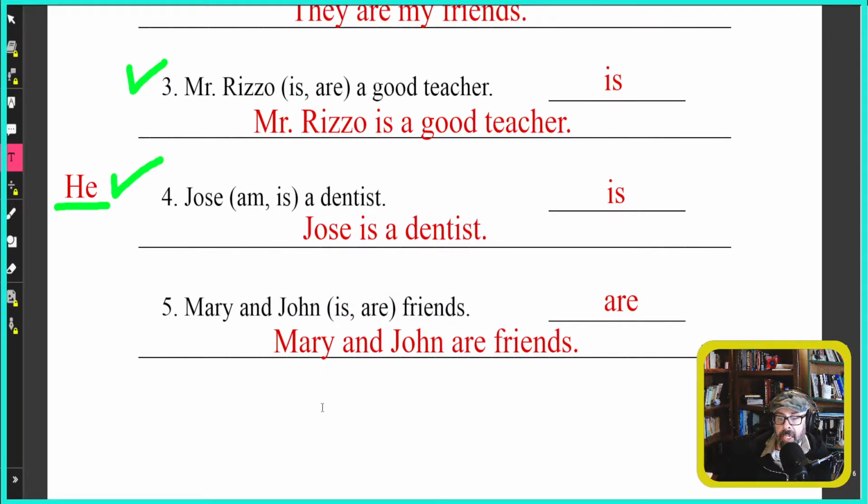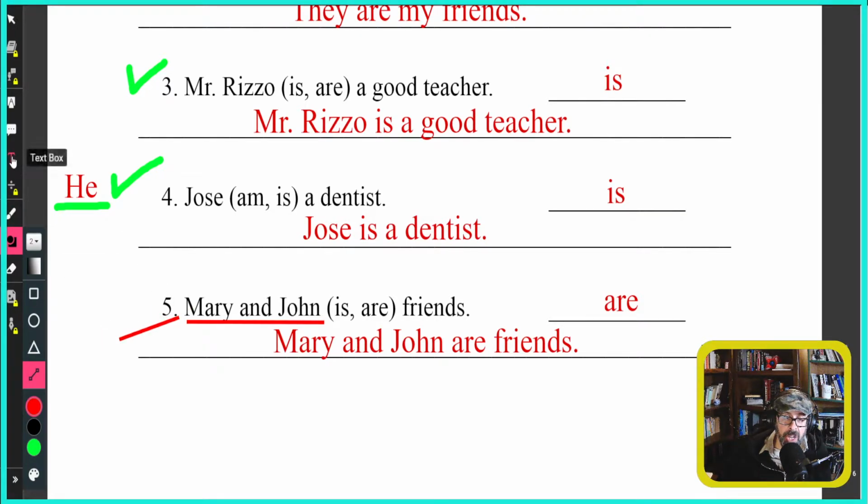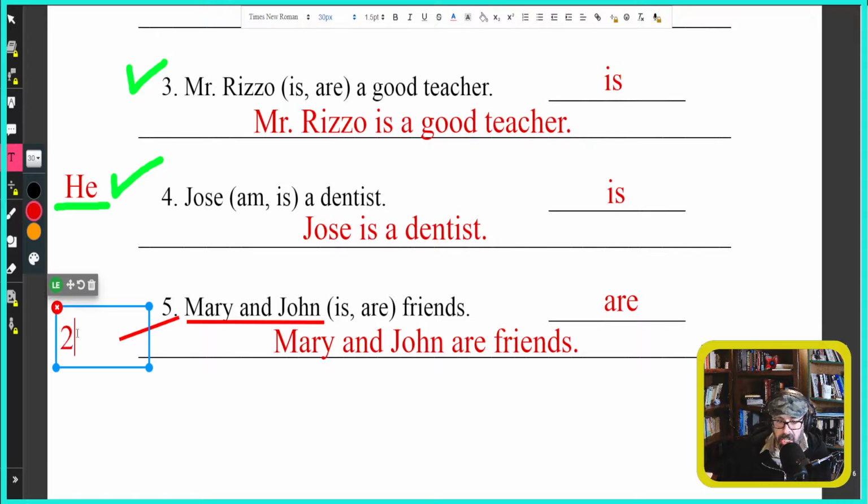Correct statement. Now you may be asking yourself why "are." Because Mary and John is plural. The subject is Mary and John, which is two people, so this is plural, and if it is plural, it's going to be are.